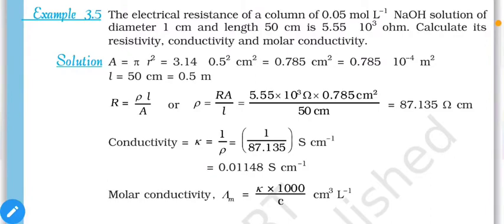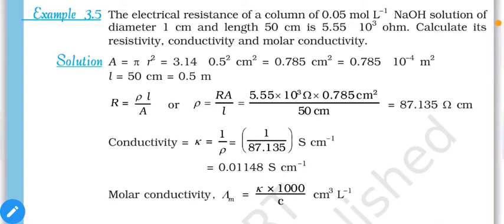So resistance is 5.55 multiplied by A, that means area of cross section, which is calculated using the diameter of 1 centimeter, so radius will be 0.5 centimeter. For the area of a circle, we have pi r square. So pi 3.14 multiplied by 0.5 square is equal to 0.785.